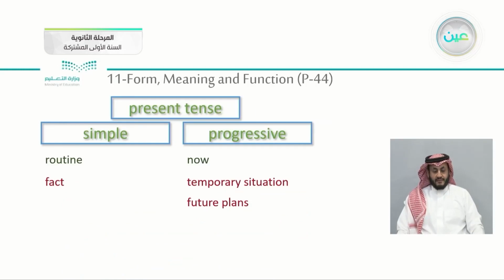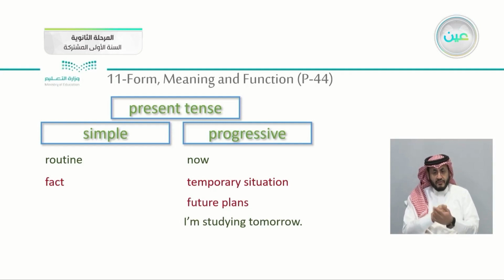And we can add one more usage for the progressive tense if you want to refer to future plans. Something is going to happen in the future. You can use will, you can use be going to, and you can use the easy one, which is the be-ing, is happening. So sentences like, we're having, I am studying, not now, tomorrow.